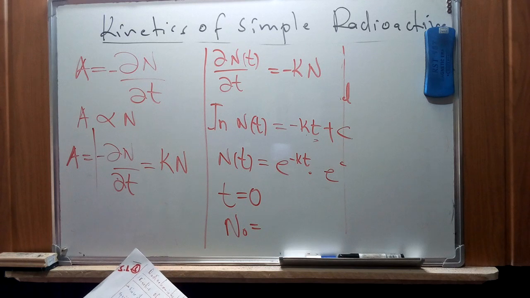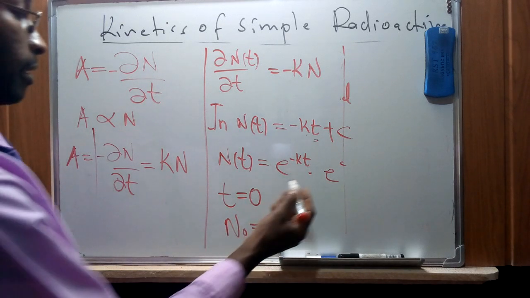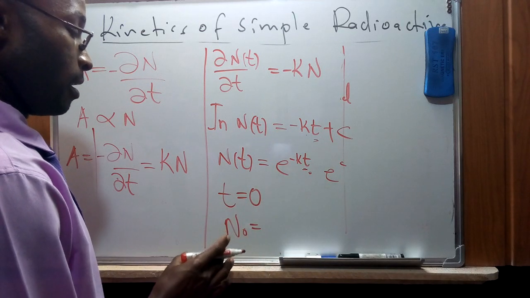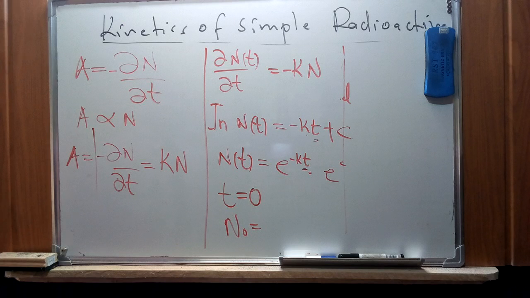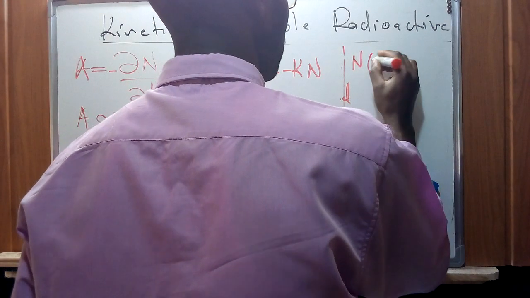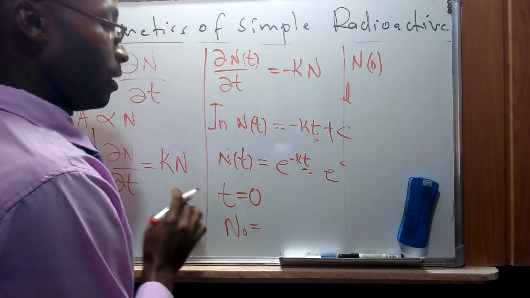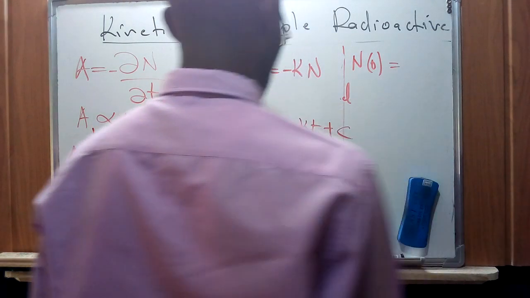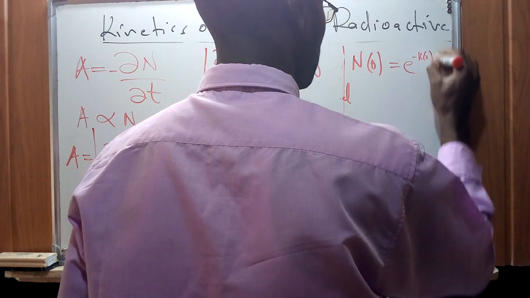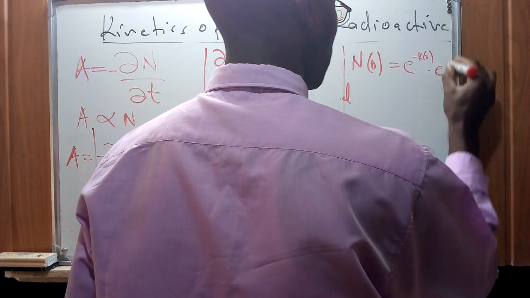Therefore, for the start of the activity at t equals 0, we can give the number from this formula by doing a substitution, whereby we'll find that n, with t equal to 0, is going to be n0 equals e to the negative k times 0, e to the c.